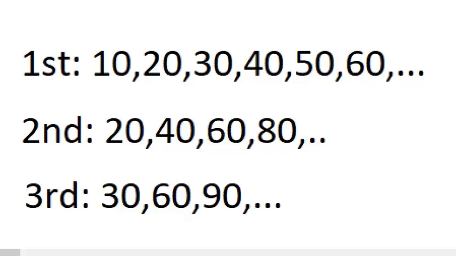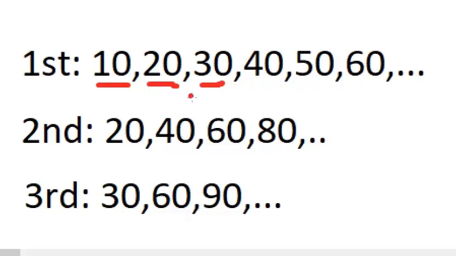So if the alarms sound at the same time at 9 a.m., then this 10 represents 9 with 10 minutes. This 20 will be 9 with 20 minutes, 9 with 30 minutes, 40 minutes, 50 minutes, and there is no 9 with 60 minutes. We will have this one as 10 a.m.